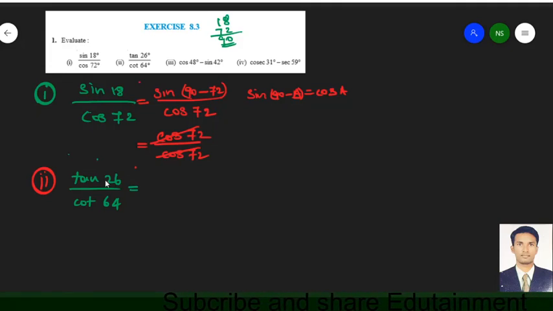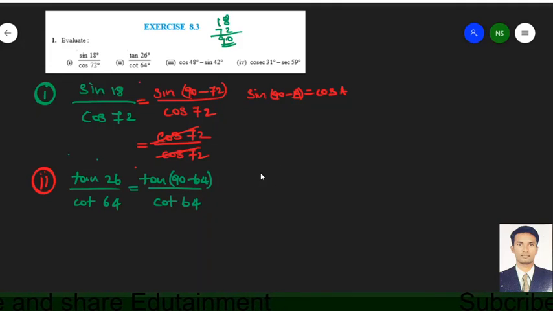I will change either numerator or denominator; I will prefer to change the numerator. Tan 90 minus 64 we can write, divided by cot 64. We have one formula here, tan 90 minus A, which is equals to cot A.